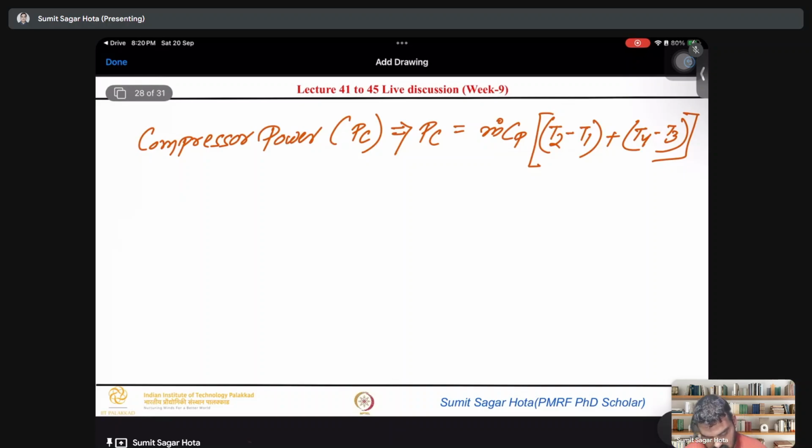So it is 10 into 1.005 into (390.43 minus 293 plus 417.12 minus 330.43).